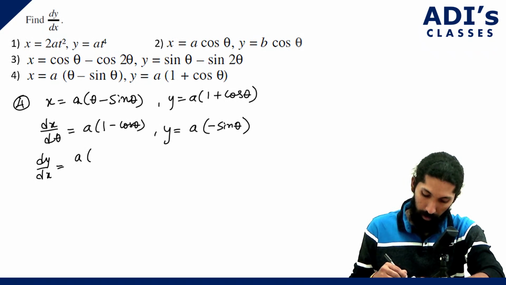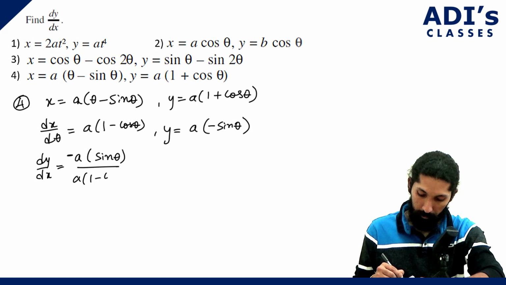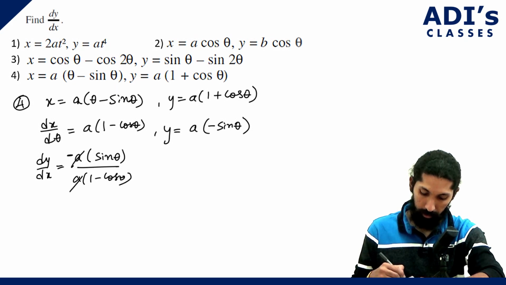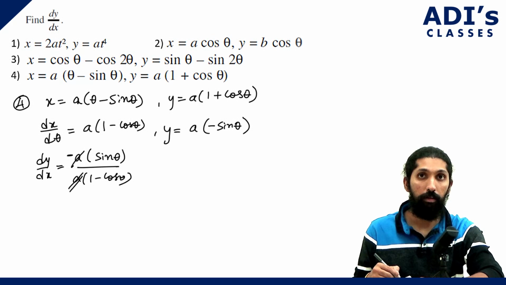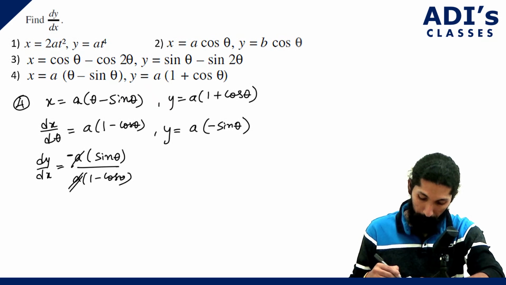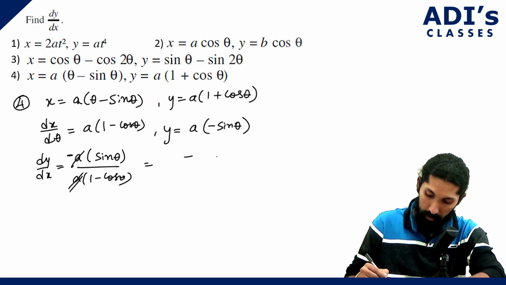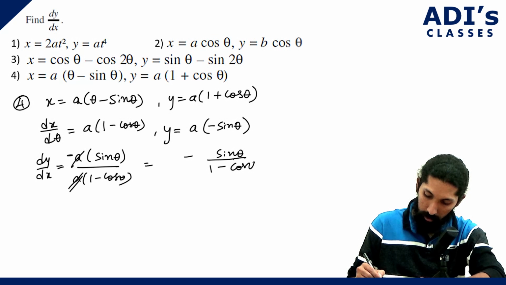So minus a into sin theta by a into 1 minus cos theta. Yeah, so a and a cancel out. See, once this is done, we get minus sin theta by 1 minus cos theta.